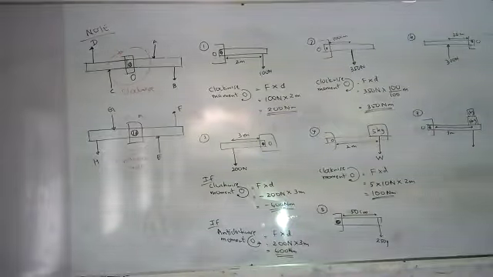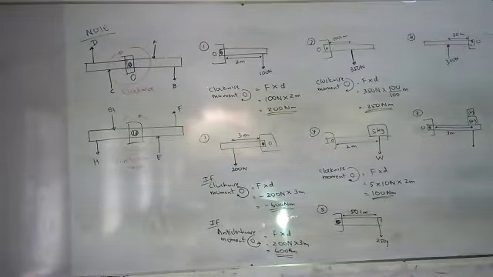The distance is 50 centimeters, so 50 divided by 100. And 250 grams is given in grams. How do we convert grams?